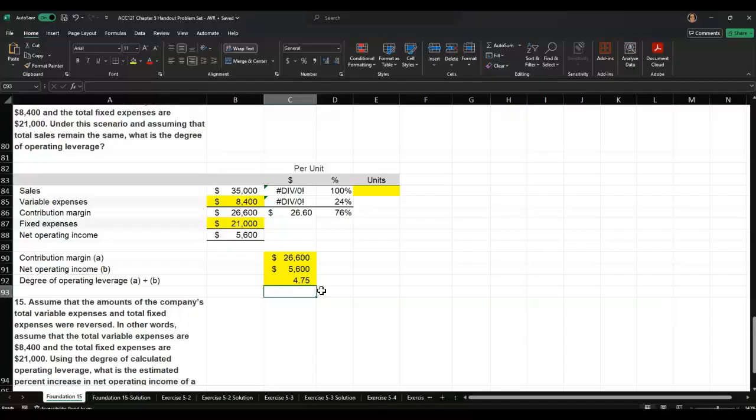Because they're still using the same amount of machinery, just harvesting more blueberries and selling more blueberries, right? Well, again, the harvesting machinery is still down here in this 21,000.